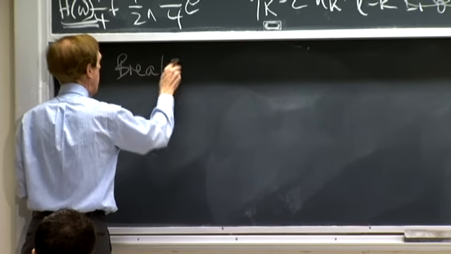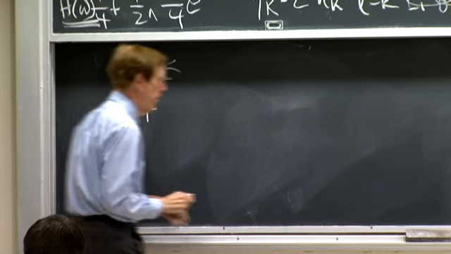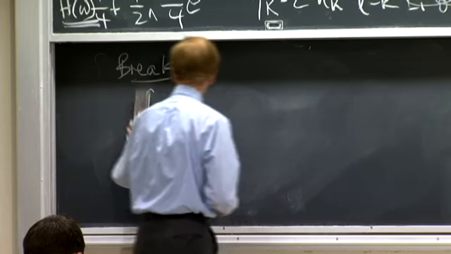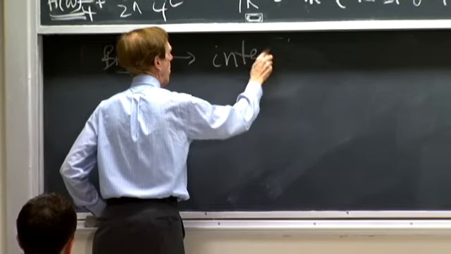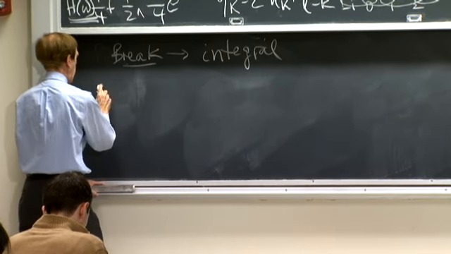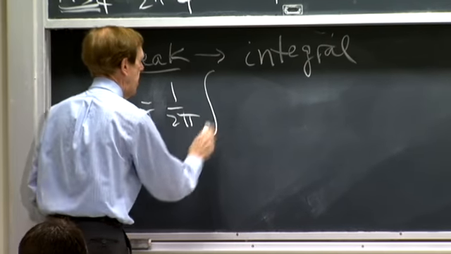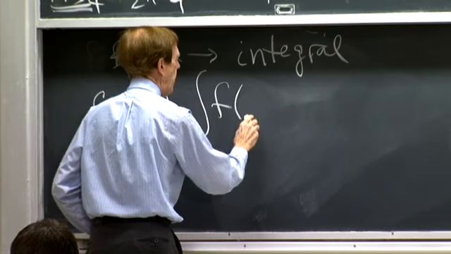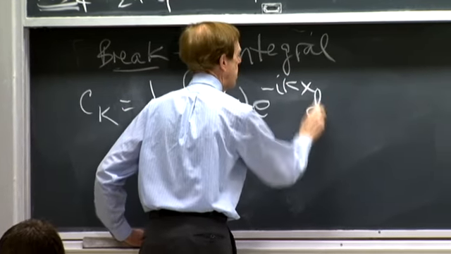Okay. All right. So let me remember the Fourier series formulas. I'm just going to break, and now we go to the integral transform. Let me remember the formula for the coefficients, which was 1 over 2 pi, the integral of f of x e to the minus i k x dx, right?